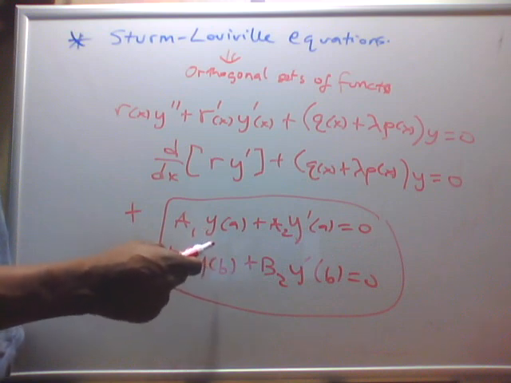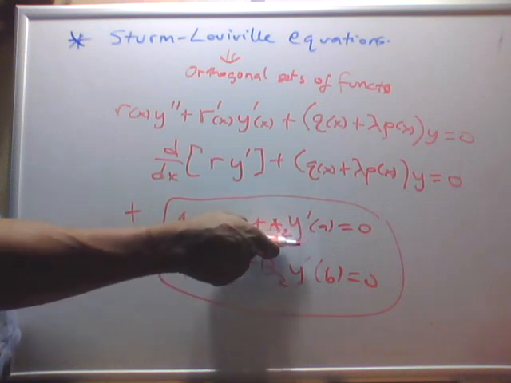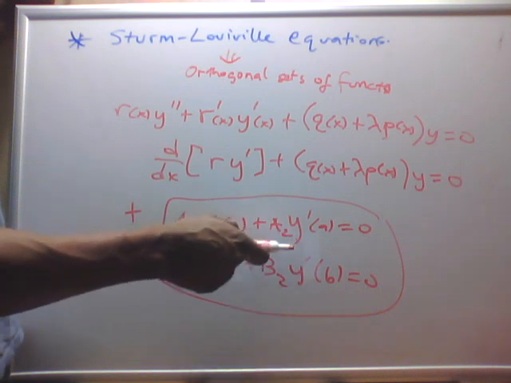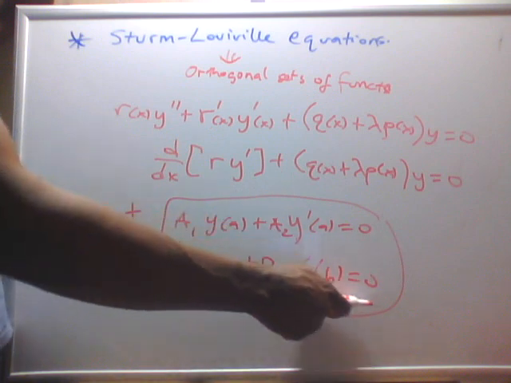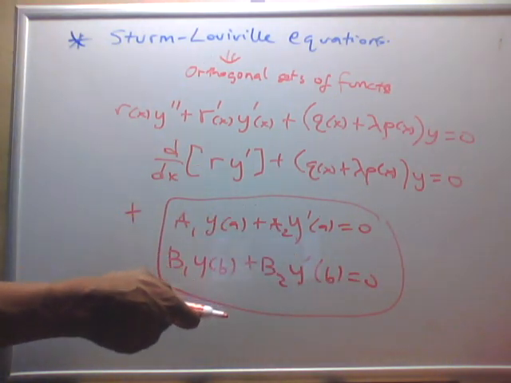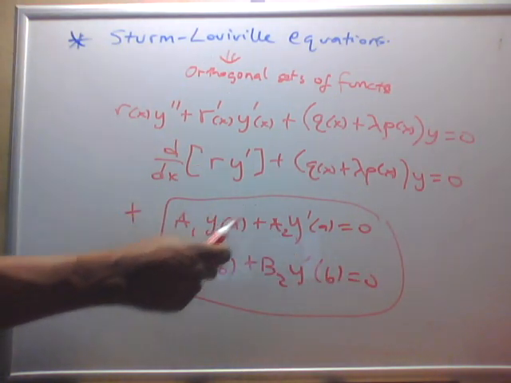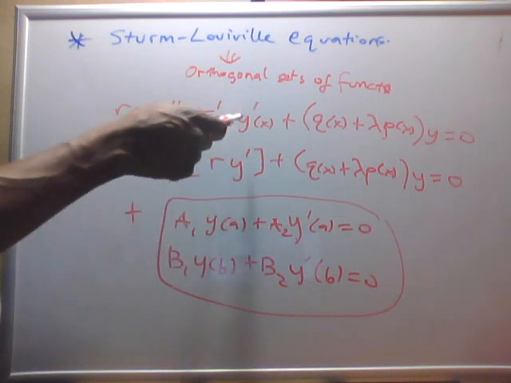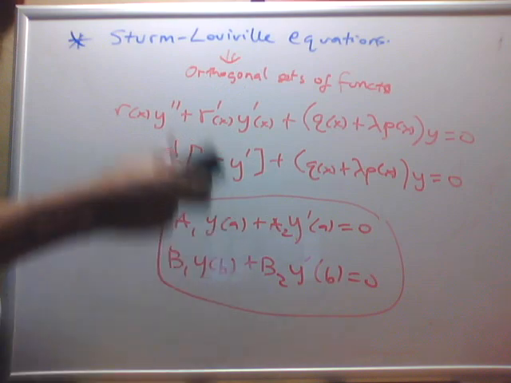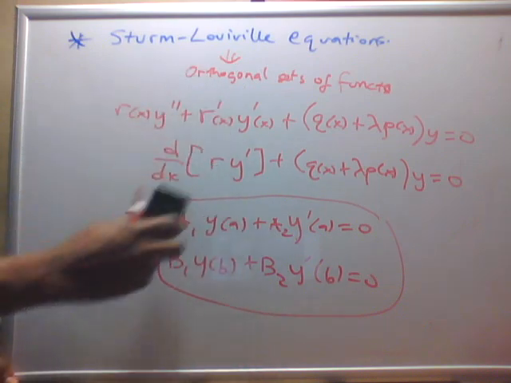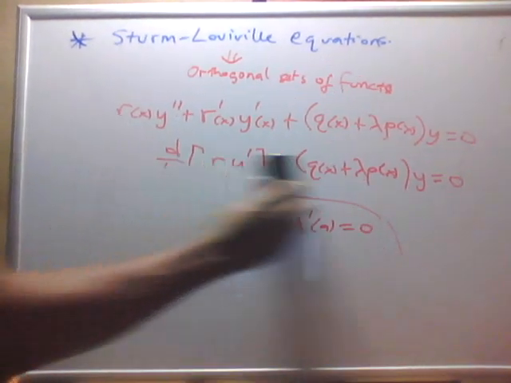It's a combination of a value at each end. They're separate boundary conditions, not a mixed boundary condition, because you have one in terms of the lower limit A and another in terms of the upper limit B. If you have these kinds of conditions, you satisfy Sturm Liouville. It's a Sturm Liouville differential equation and boundary condition set.